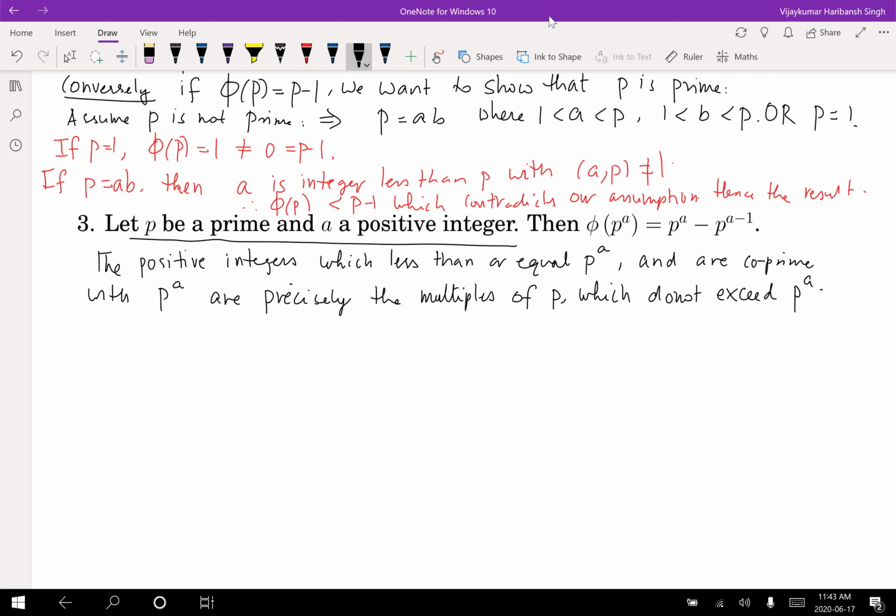So the strategy here is to count the ones which are not coprime to p and exclude them from the total set.